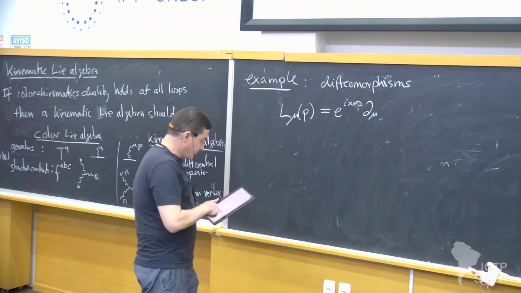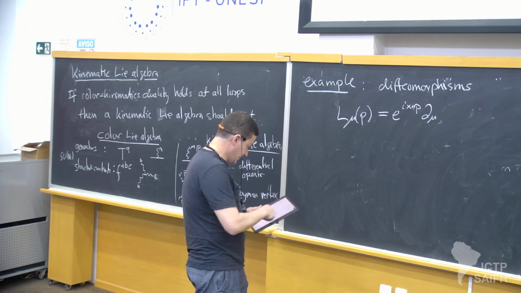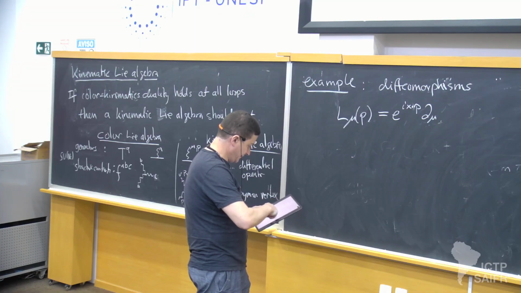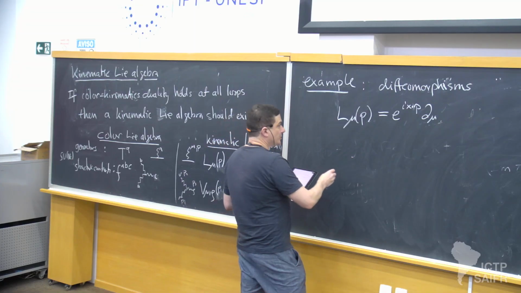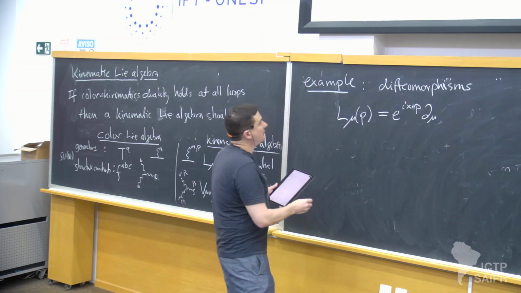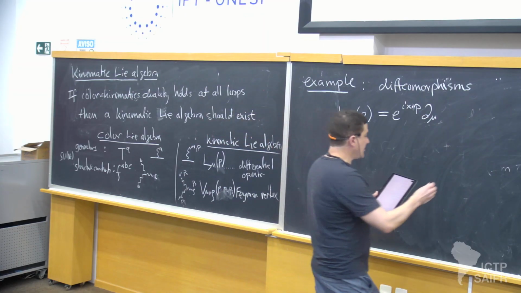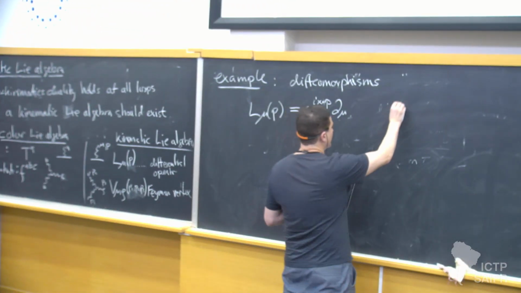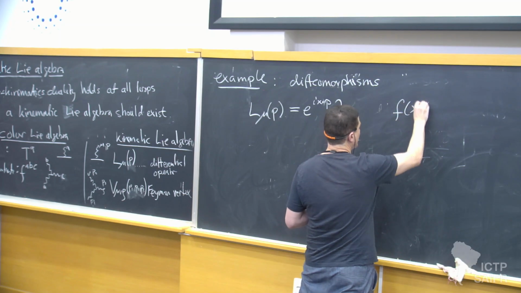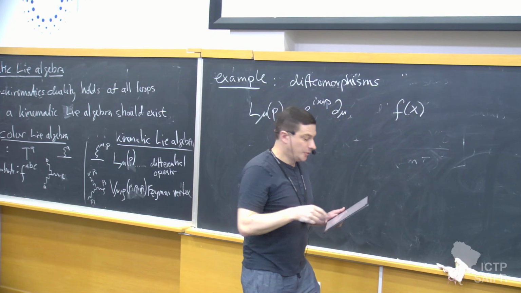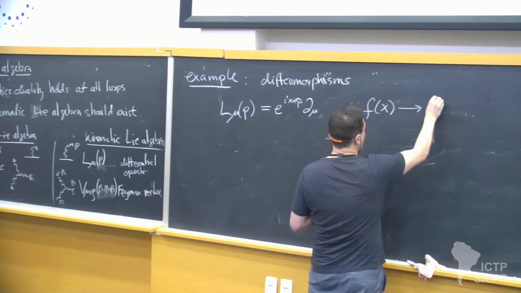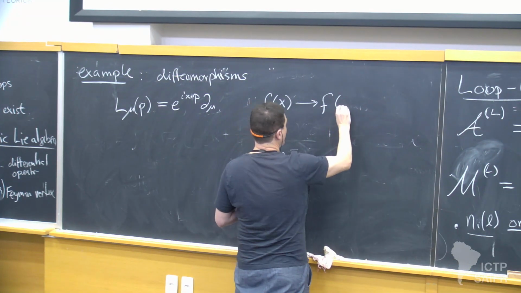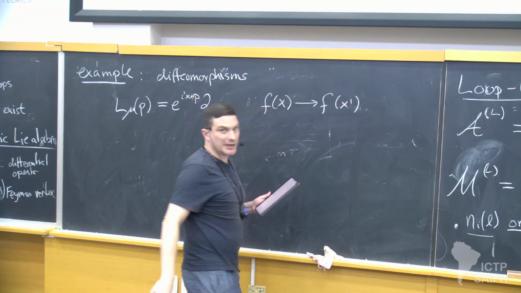Okay, you might be confused exactly what diffeomorphisms are doing here, but just think of it in an abstract sense that we have some function x, and you can do some transformation on this function, to a new coordinate system, and that will be like a diffeomorphism, right?